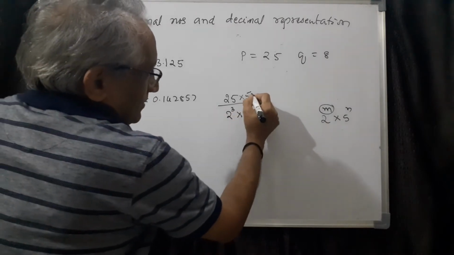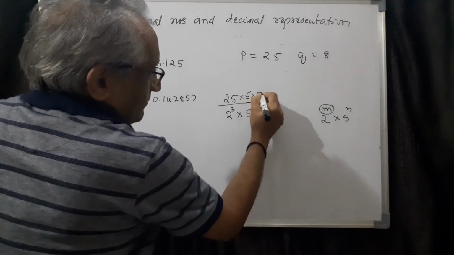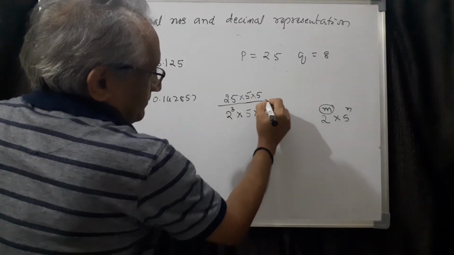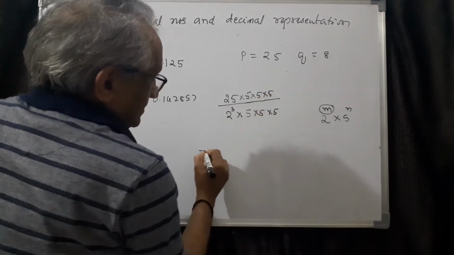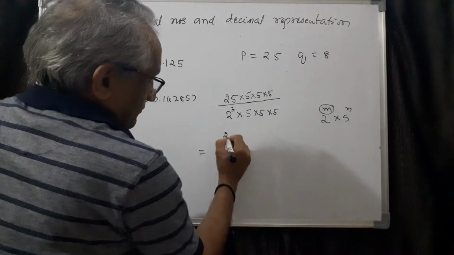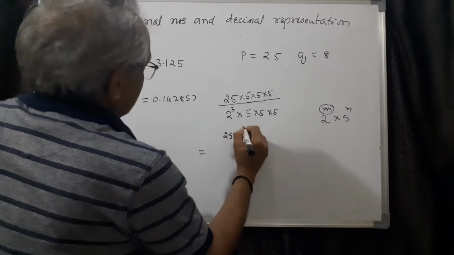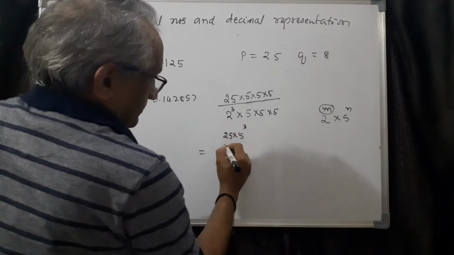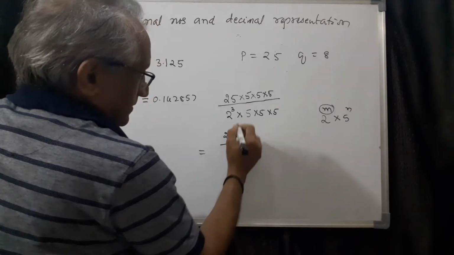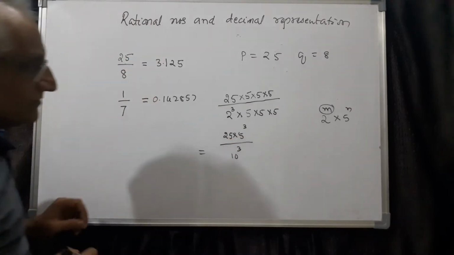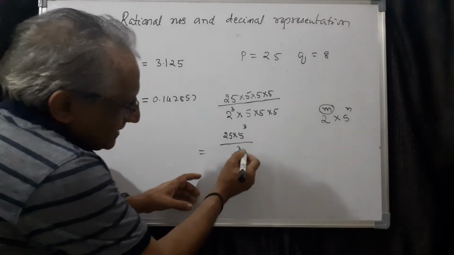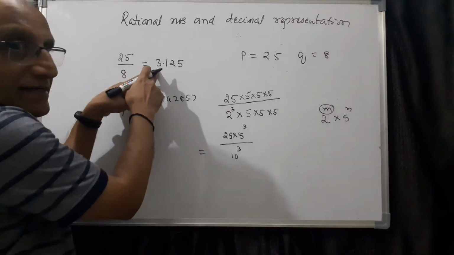Once again you multiply by 5, this also 5, this also 5. So this becomes 25 into 5 cube divided by 10 cube.